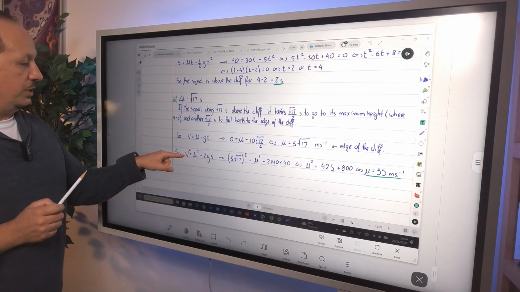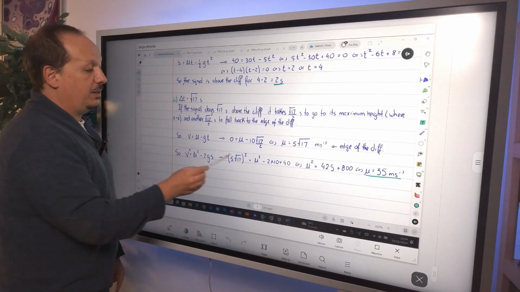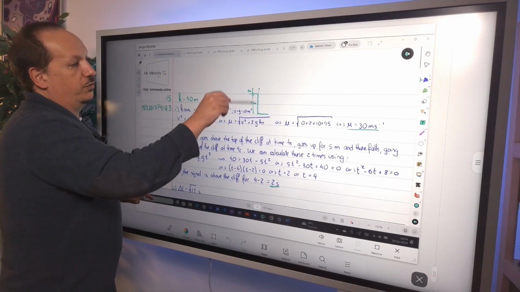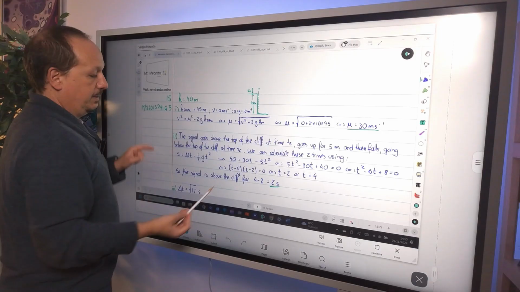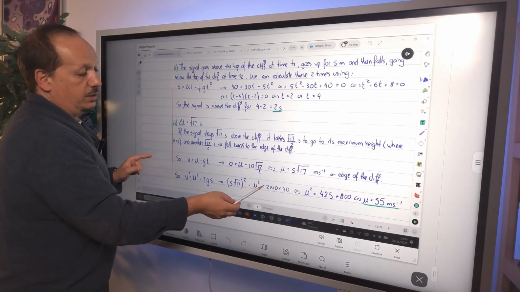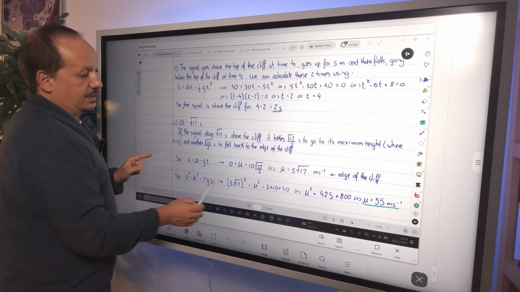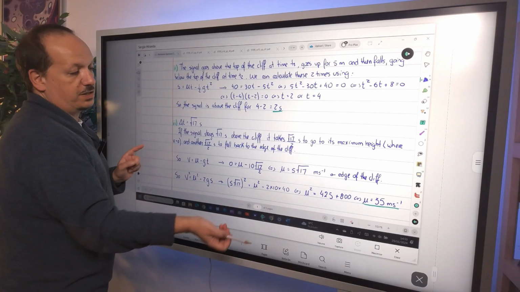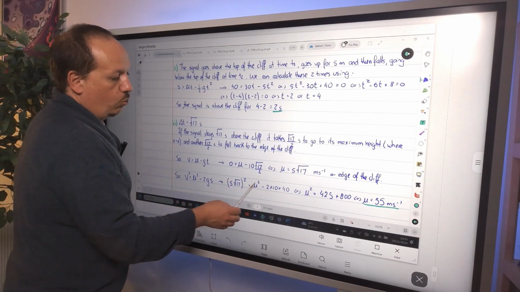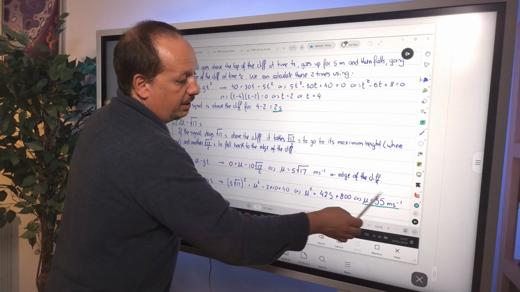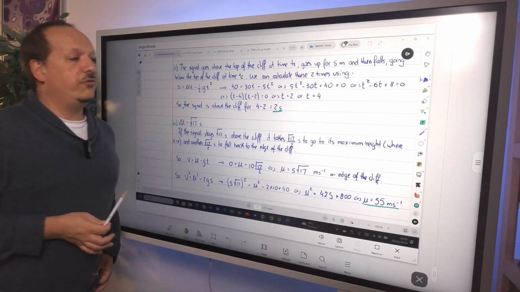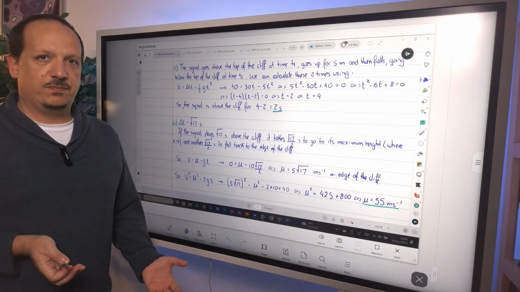So this is now going to be your final speed for this section, while it goes until there. u is what you want, minus 2 times 10 times s, which is 40 meters, the height of the cliff. Work it out, and you have a speed of projection of 35 meters per second.